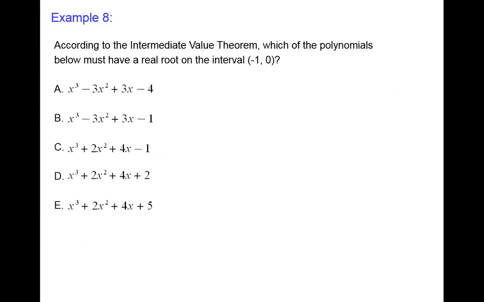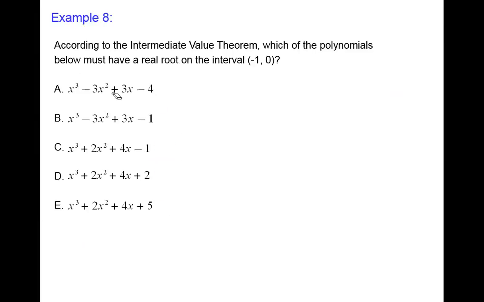According to the intermediate value theorem, which of the polynomials below must have a real root? Real root means the solution of this equation, like the value 0, which means which of these polynomials will intersect the x-axis between -1 and 0. What we have to do is a little bit time consuming.